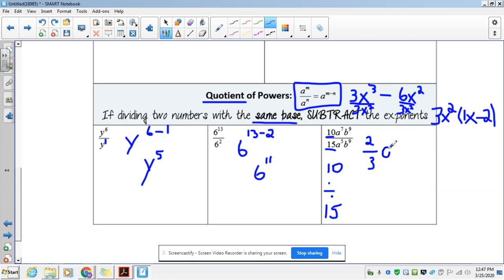So then A's would stick together. You have A to the 7 and A to the 5th. So that's 7 minus 5. They are not always going to be lined up as nicely as they are. Sometimes they try to trick you and change the order. Just remember, A's go with A's, B's go with B's, X's together, and so forth. Here, this would be B minus B, 9 minus 9.